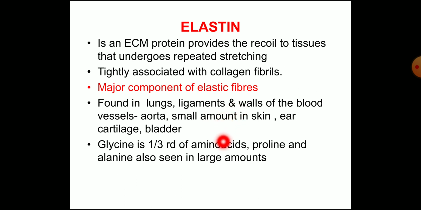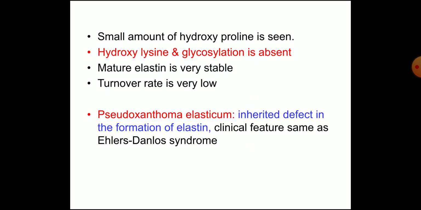Glycine is one third of the amino acids, and proline and alanine are also seen in large amounts. A small amount of hydroxyproline can also be seen. Hydroxylysine is not there, so glycosylation is also absent.